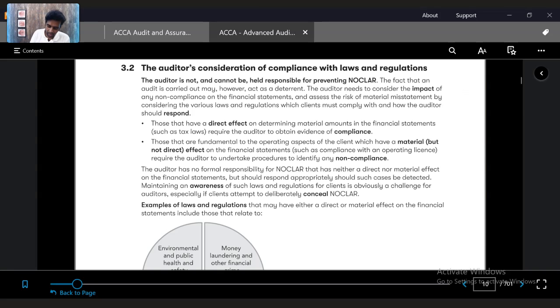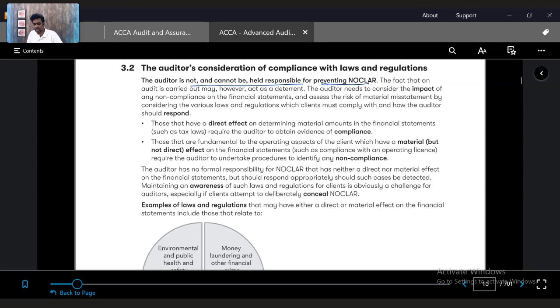The auditor's responsibility cannot and will never be preventing NOCLAR. Only the management is responsible for the prevention of NOCLAR, similar to internal controls. It is the management's responsibility to prevent any fraud or error, but it's the auditor's responsibility to also do some kind of detection.